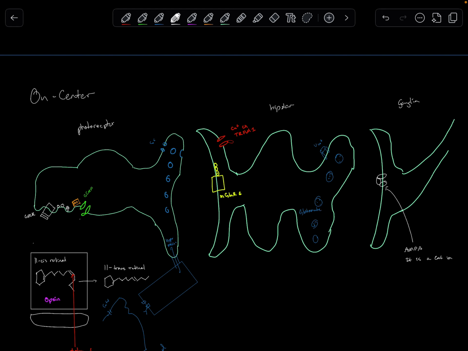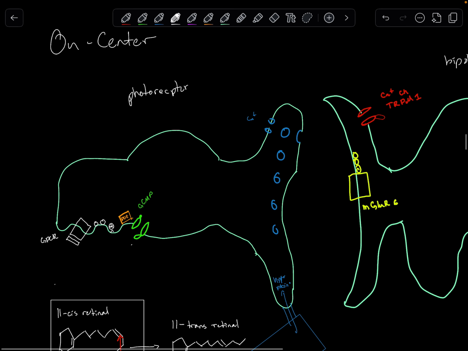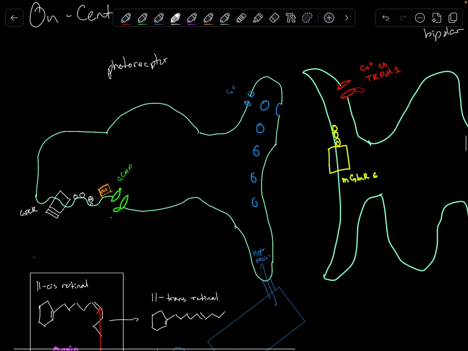Now I'm going to show you what happens when light hits this. So we're looking at an on-center cell.